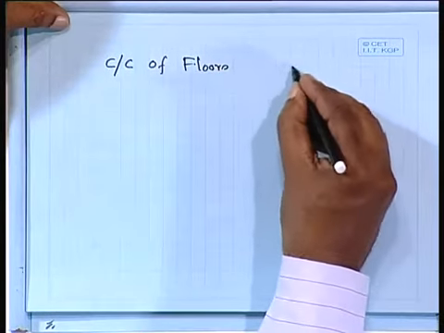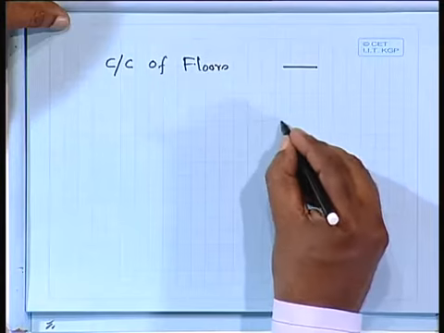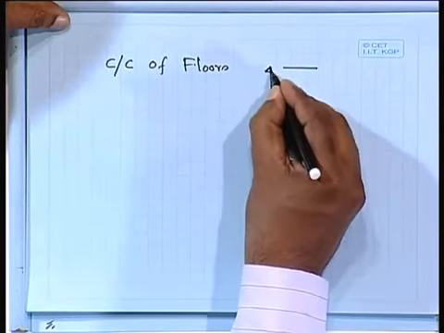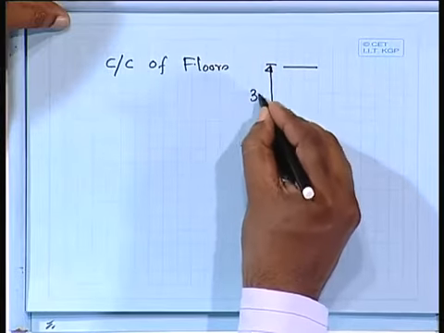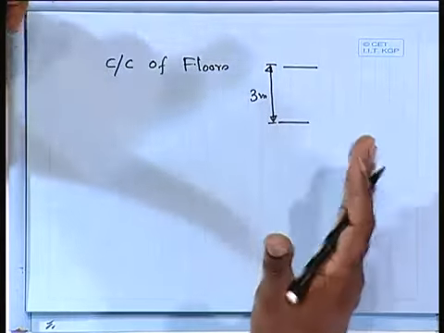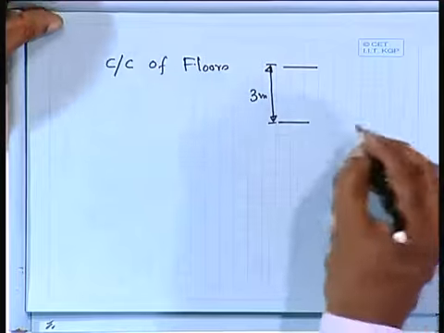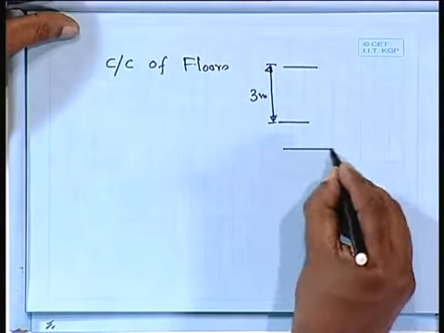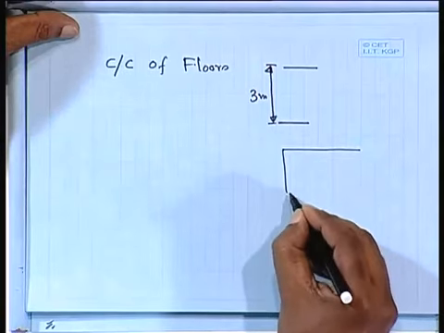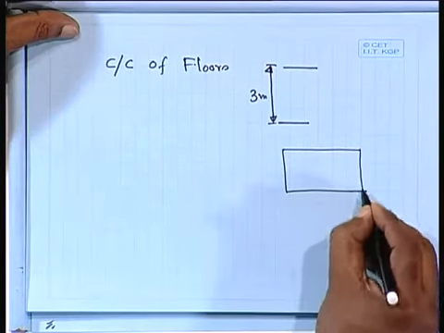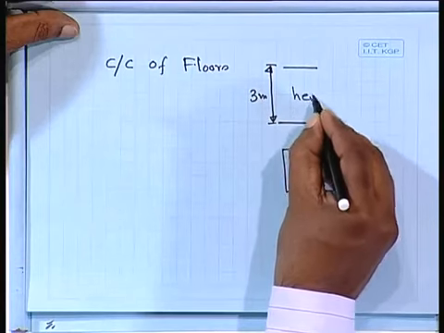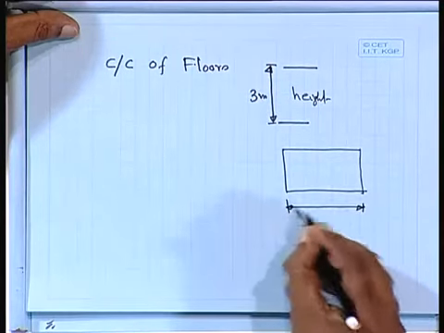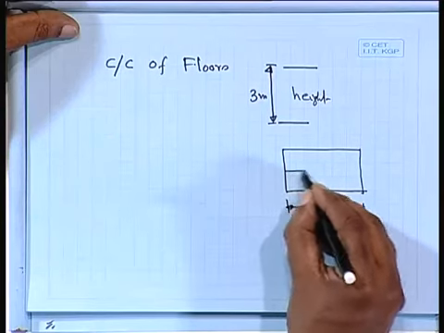That means if this is one floor and we have to go from this floor, the distance, this height, is very, very important. If it is 3 meter, accordingly we shall distribute. Similarly, we have the length, the size of the room where you have to accommodate the stairs. So if this is your height and this is your length, we have to accommodate here.